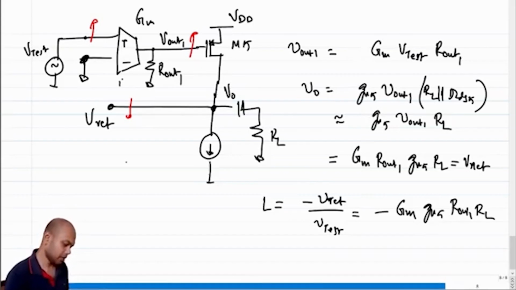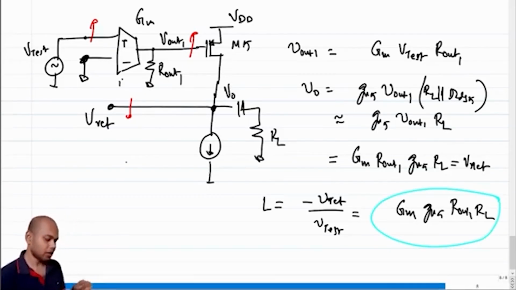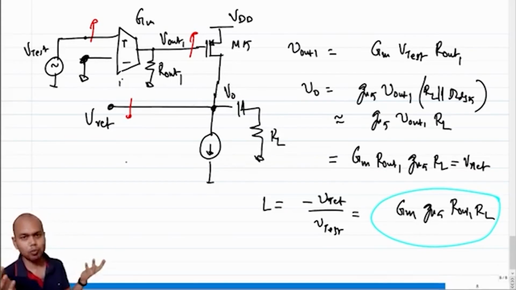This will become positive, this will become positive, this will become positive. So the loop gain becomes this. Now note that this loop gain is proportional to RL, but as long as you are keeping GM5 times RL to be at least unity or higher, then you have high loop gain.